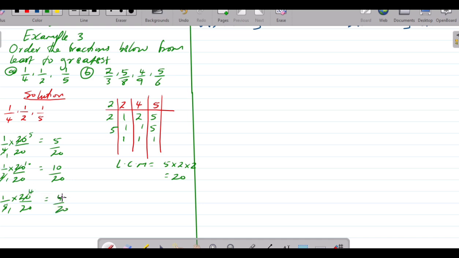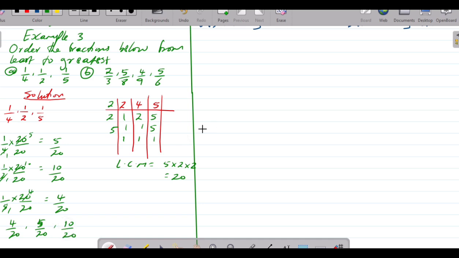Now let's order this fraction. To order this fraction out from least to greatest, that's in ascending order, we start with the smallest number here. We have 4 over 20, then followed by 5 over 20, followed by 10 over 20.